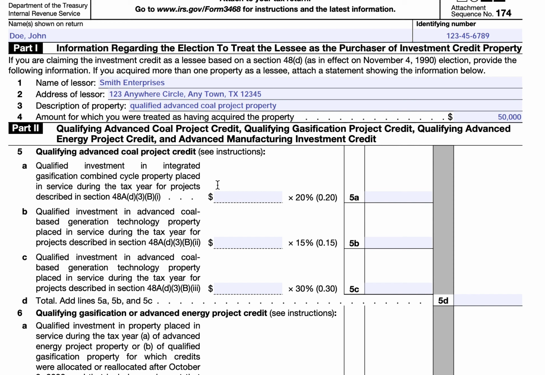Qualified investment in advanced coal-based generation technology placed in service during the tax year under section 48A(d)(3)(B)(2). And then that's subject to a 15% credit. And then property that was placed into service as described in section 48A(d)(3)(B)(3).